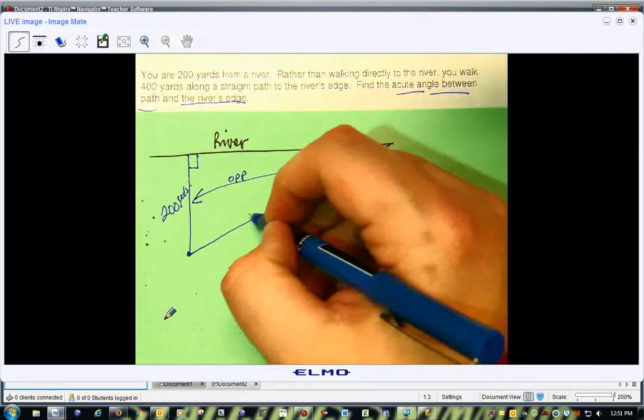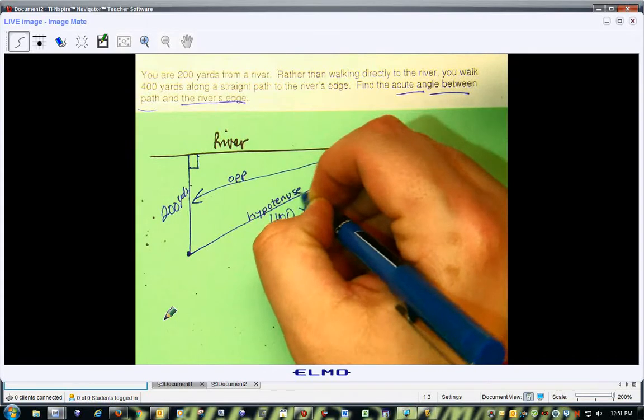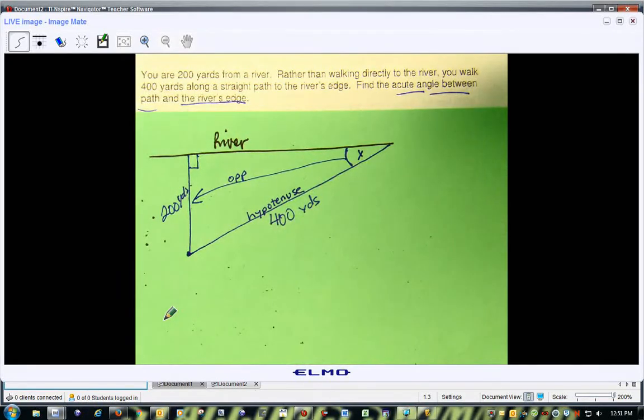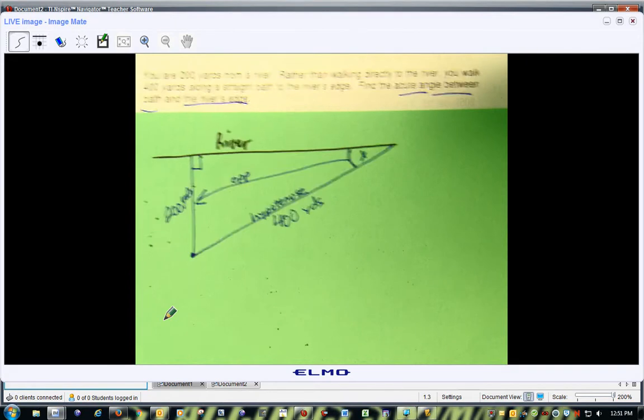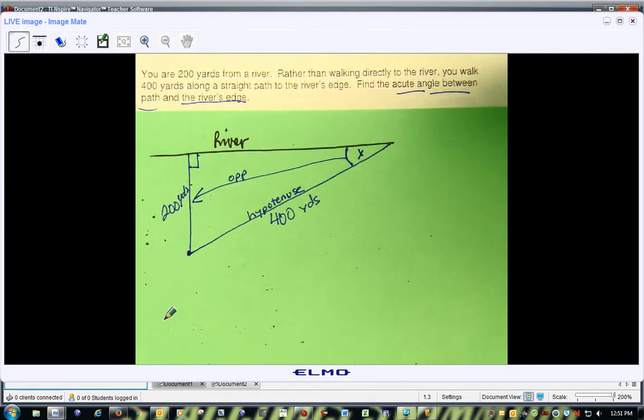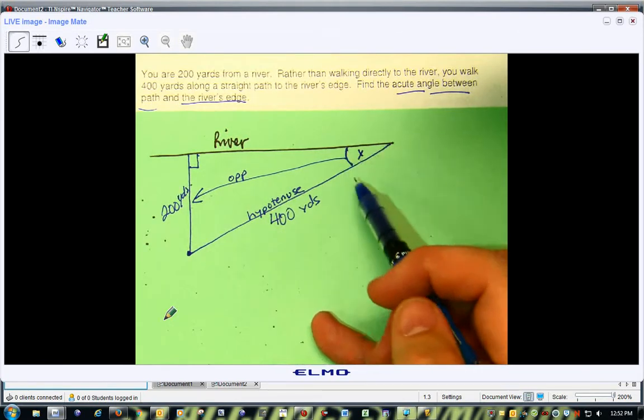Whenever you're dealing with a right triangle, you might want to find your hypotenuse first and foremost, just to be done with it. And then you know you're only going to have to deal with the adjacent. Yeah, 200 yards. Yeah, this angle's going to be acute, that angle's going to be acute. But this is the one we want because it said we want the angle between the path and the river. So here's the path, and here's the river.